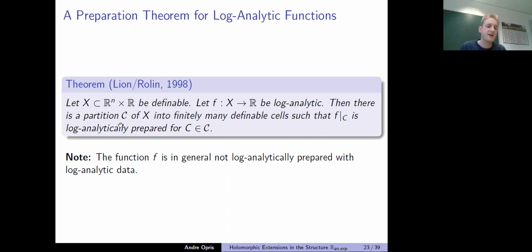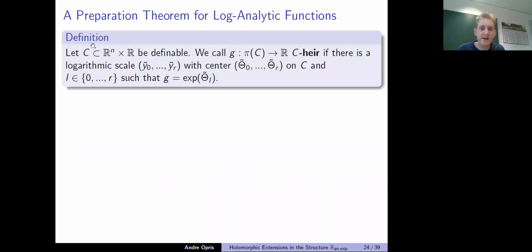If you go through the proof of Lion-Rolin, of Van den Dries and Speissegger, where the preparation theorems originated, you can show this. This is the reason why I introduced the notion of C here. So what is a C here?